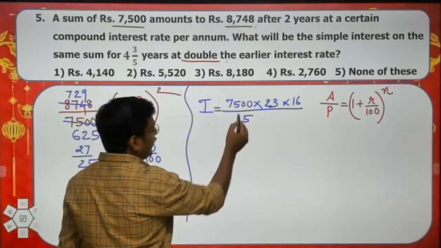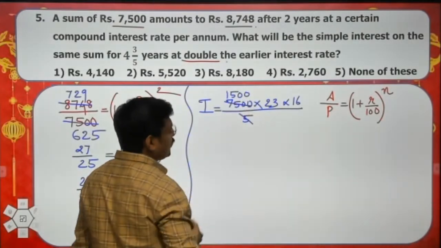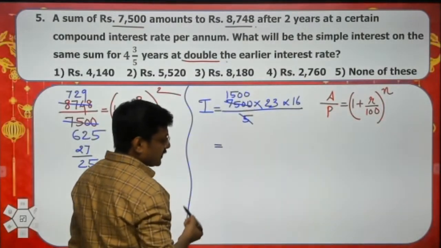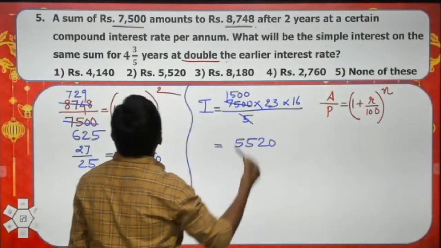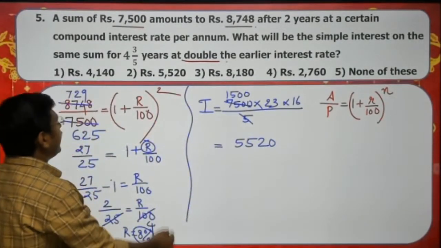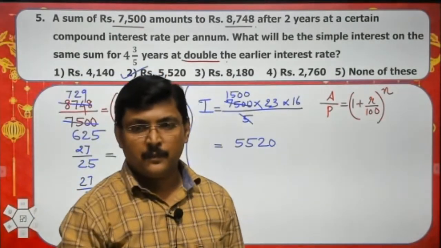So solving this, 5 15s, so 1,500 into 23 into 16. As a result of that, you will get this as 5,520. So for this question, the final answer is option number 2, 5,520.